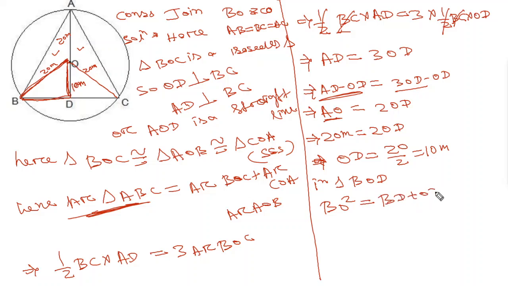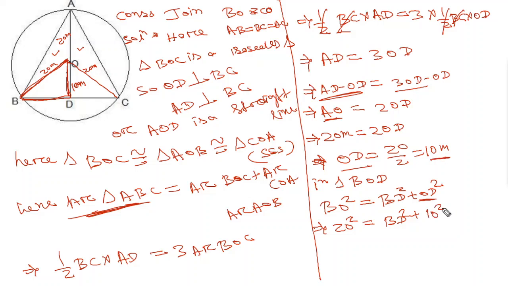This is the Pythagoras theorem. This implies 20 square equals BD square plus 10 square, since OD is 10 meter.